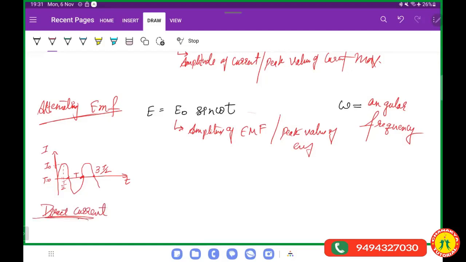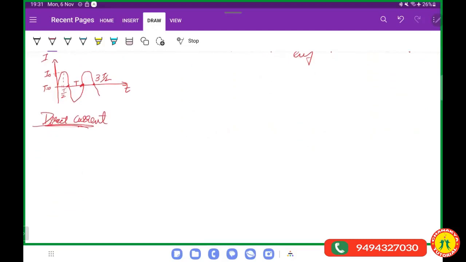Next, direct current. In this, the magnitude may change, but direction never.